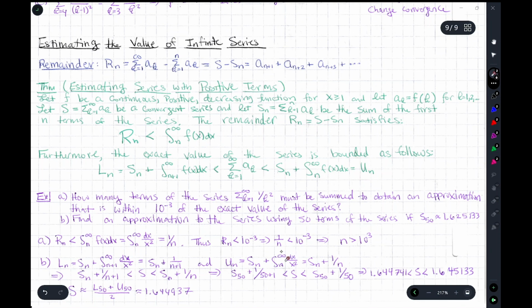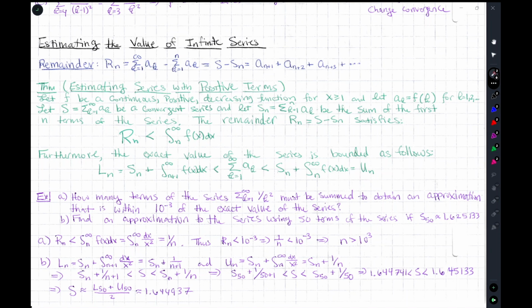Taking the reciprocal of both sides, we flip the inequality and we get n strictly greater than 10 to the power of 3. So if you sum more than 1,000 terms, then you're guaranteed that you're within 10 to the minus 3 of the exact value of the series.